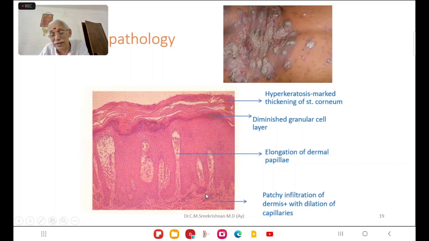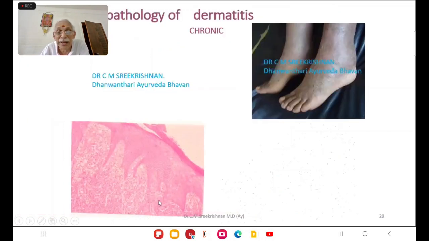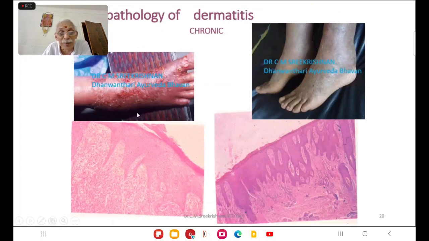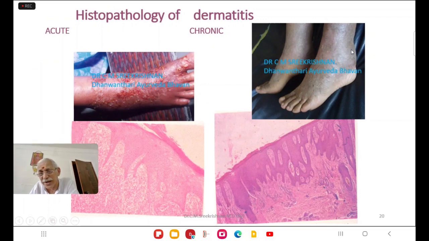Here it is Utklesha, Srotodushti, Utklesha. Even though it is very, very dry, inside the dermis or sub-epidermal, it will be watery. It is Utklesha, Kaphapradhana. And here it is the histopathology of chronic eczema. Here the lesion is very, very dry.